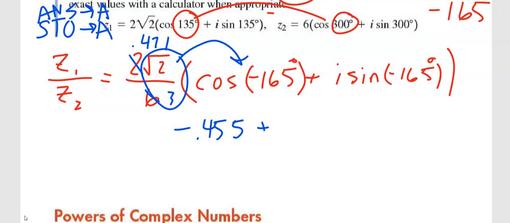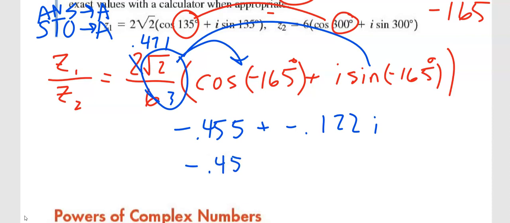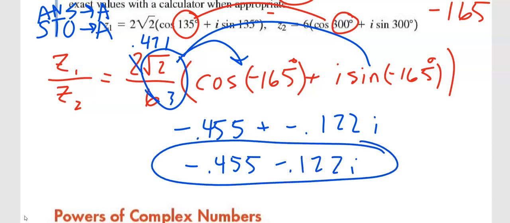Just remember that alpha A is just a storage location. If you want to type radical 2 over 3 and get that 0.471 number, and then multiply that times this, you're more than welcome to. I got negative 0.455 minus 0.122i. There is your complex number for what you get when you divide them.